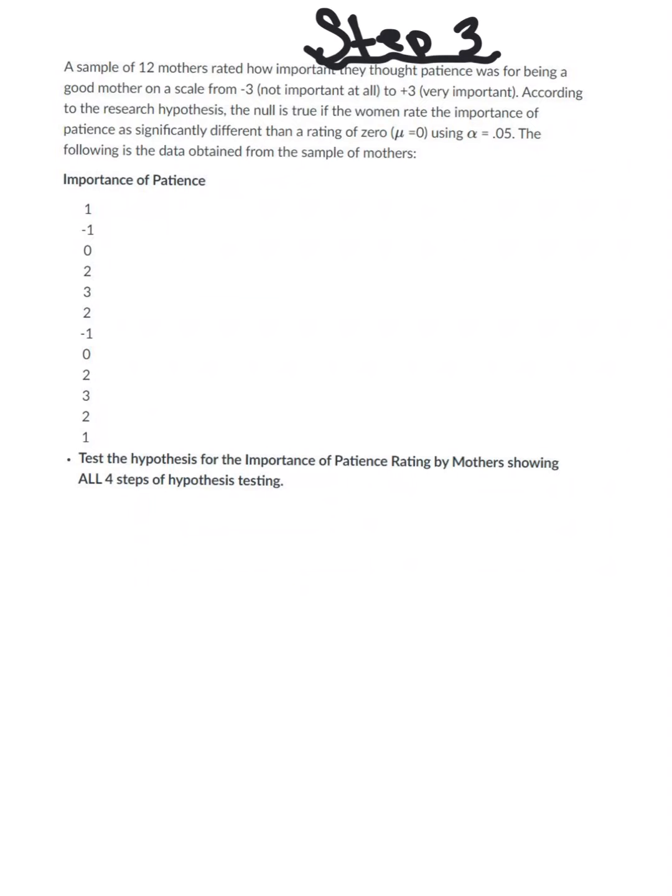On my calculator, I actually have a negative button instead of using the minus. So like I put in 1 plus -1 plus 0 plus 0, or I'm sorry, plus 2 plus 3 plus 2 plus -1, right? Plus 0 plus 2 plus 3 plus 2 plus 1. And then before I even hit enter, I usually go through and just make sure that I haven't made any calculation errors.